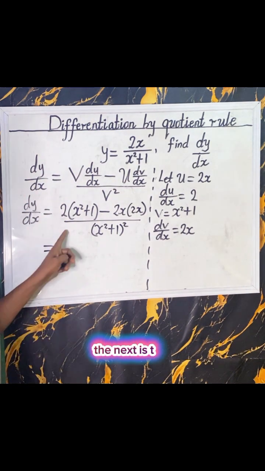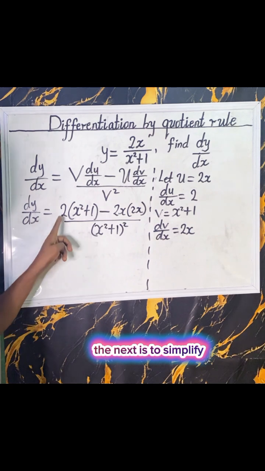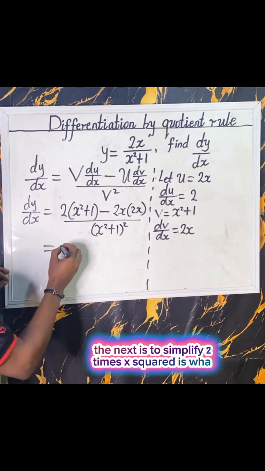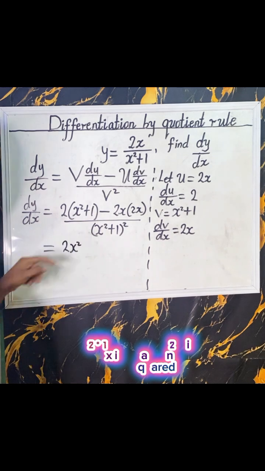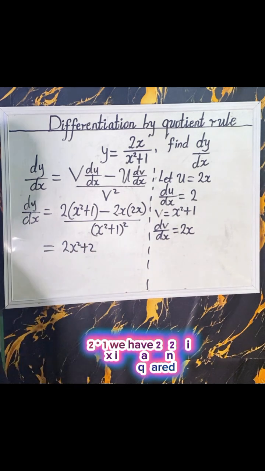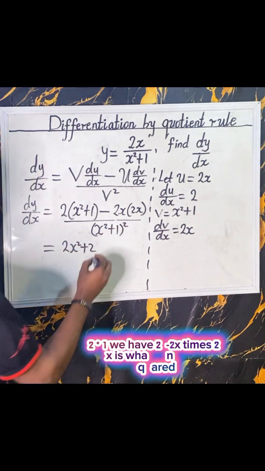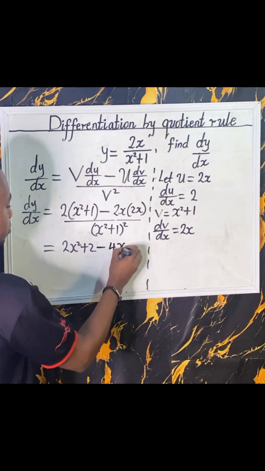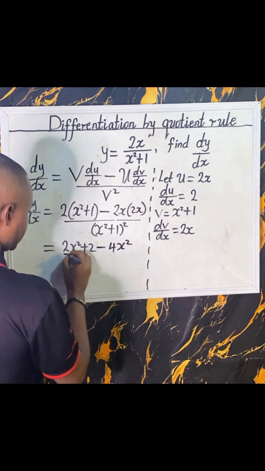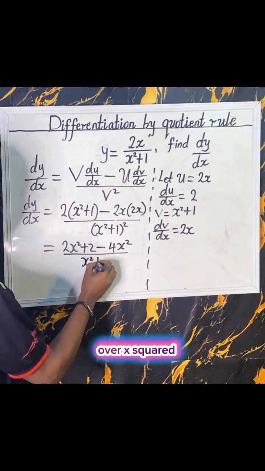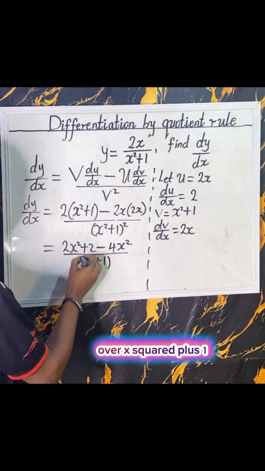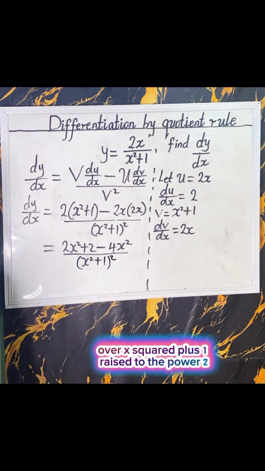The next is to simplify. 2 times x squared is 2x squared. 2 times 1, we have 2. Minus 2x times 2x is minus 4x squared. Over x squared plus 1 raised to power 2.